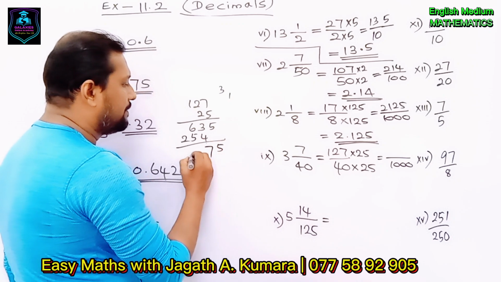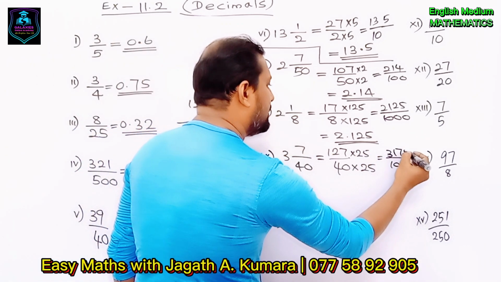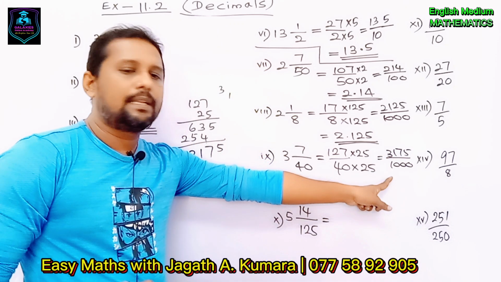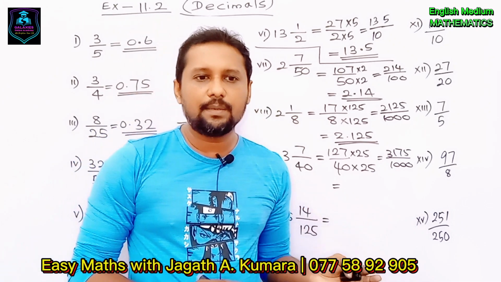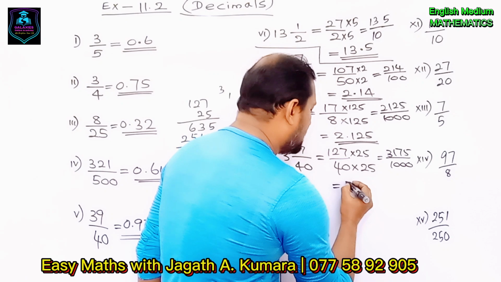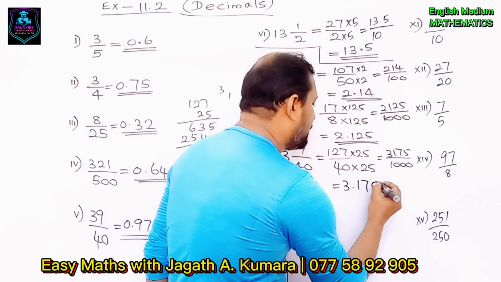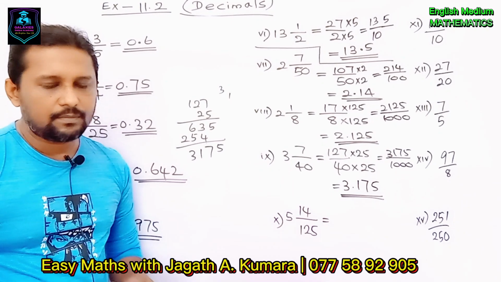Adding gives 3175. The denominator is 1000, no? So you have to keep 3 decimal places to convert into a decimal. So the answer is 3.175. It is the 9th one's answer.